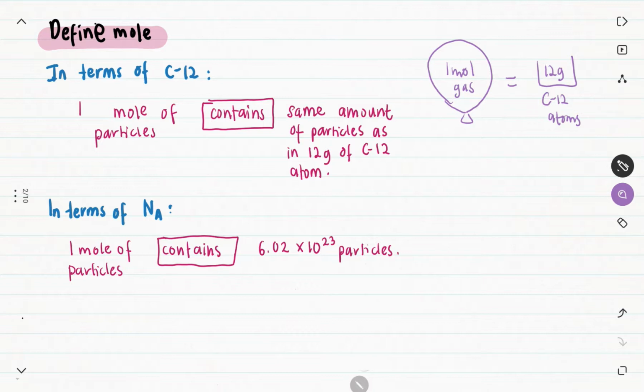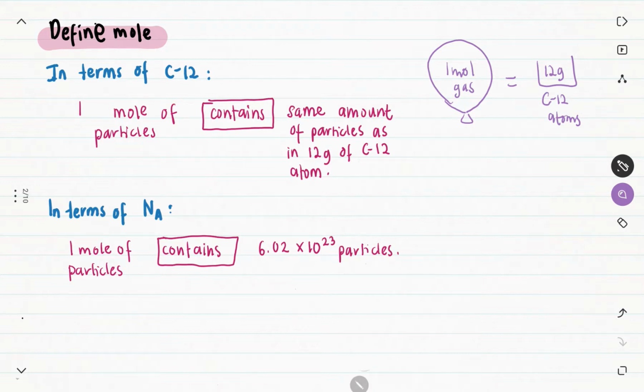So that is mole in terms of the mass of carbon-12 atom. 1 mole of particle will contain the same amount of particle as in 12 gram of carbon-12 atom.